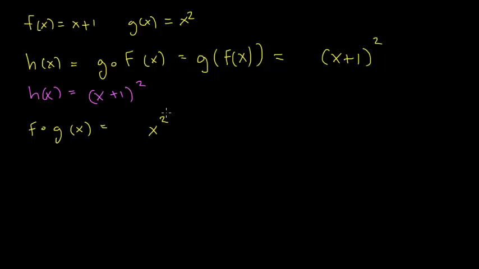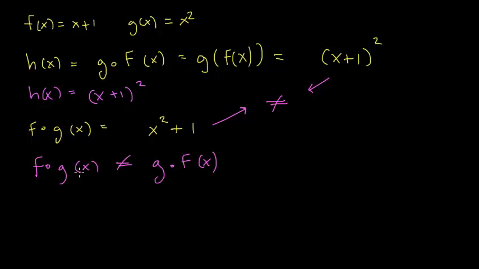Then you run that output through the f function, and f just takes your input and adds 1 to it. So f of x squared is x squared plus 1. And we see right away that f composed with g of x is not equal to g composed with f of x.